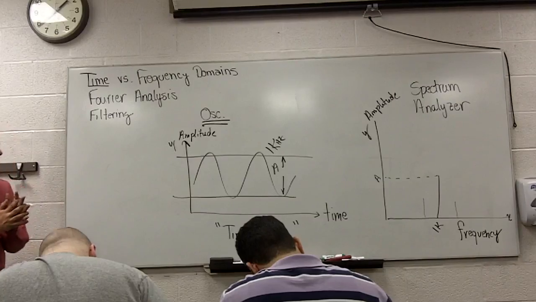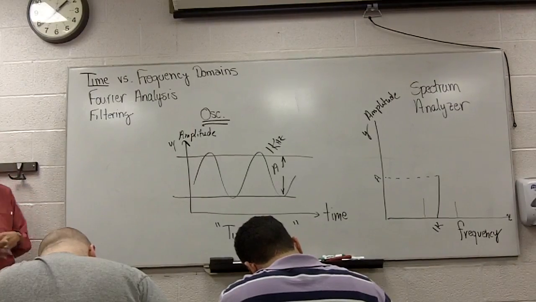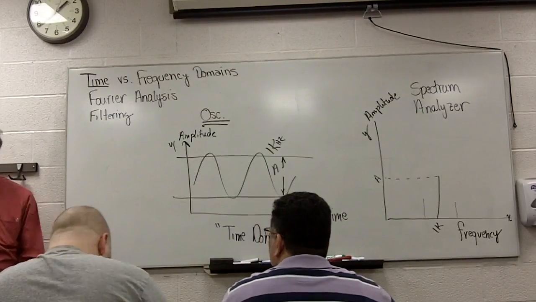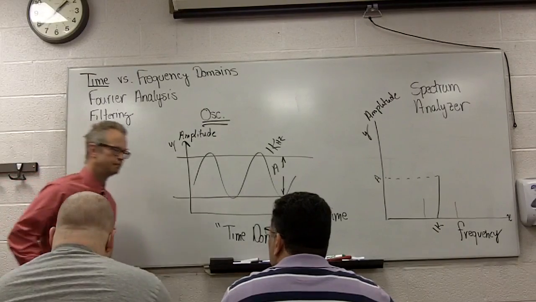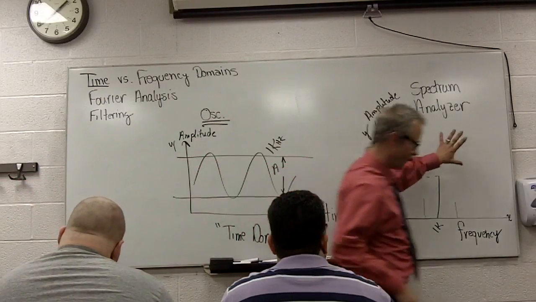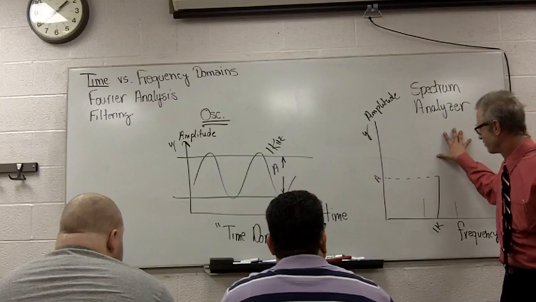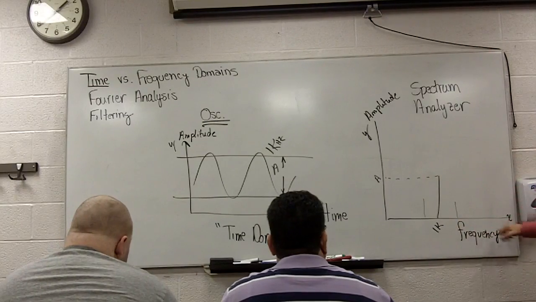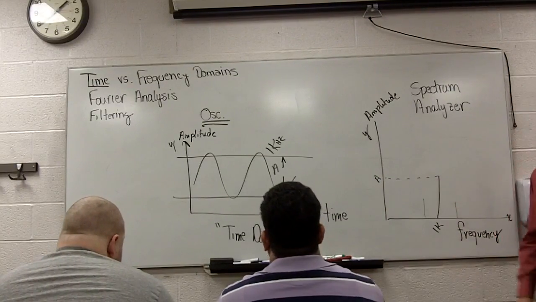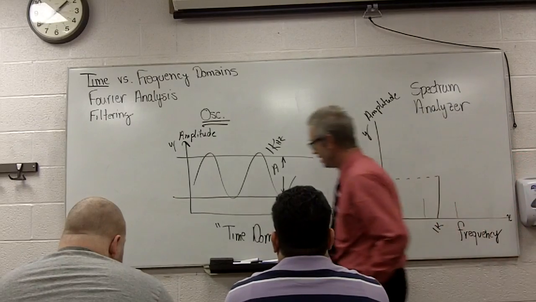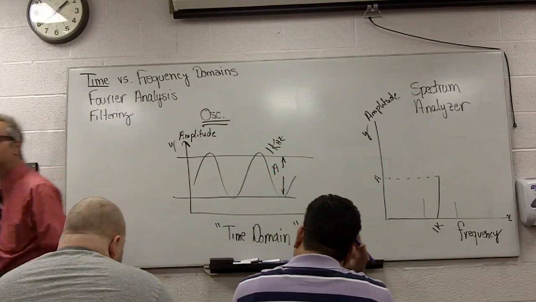So we're going to be working today in the time domain and probably more in the frequency domain. So this is going to be our friend today, this type of graph over here, where we're plotting frequency versus amplitude. All right? Any questions so far?